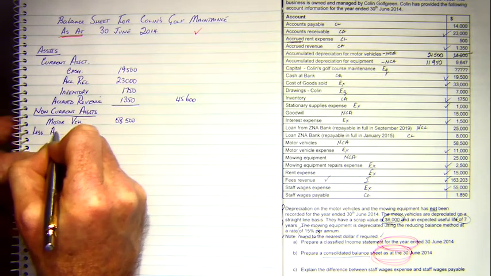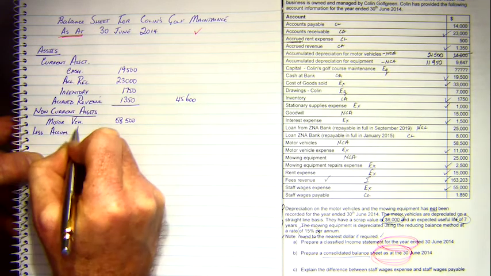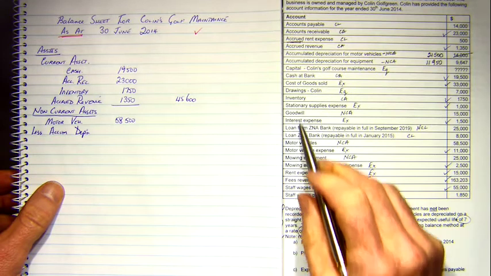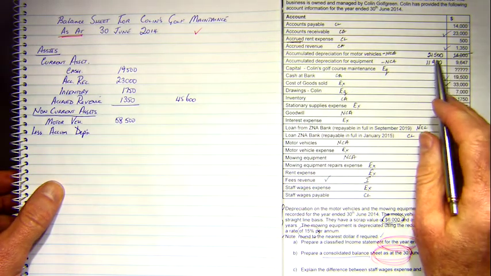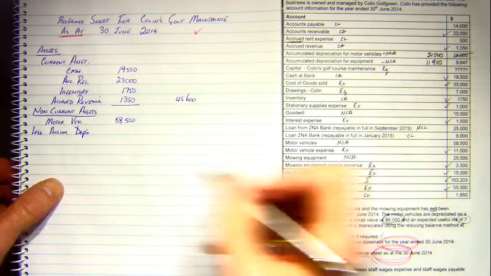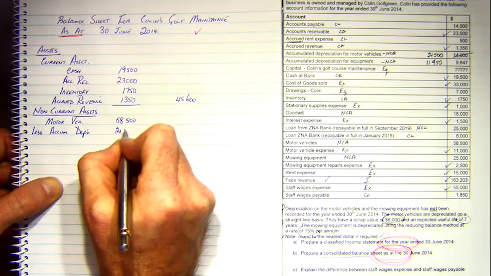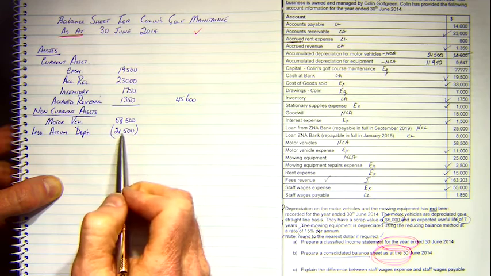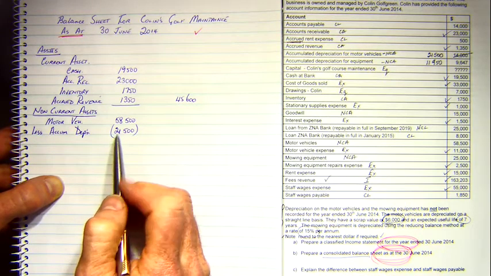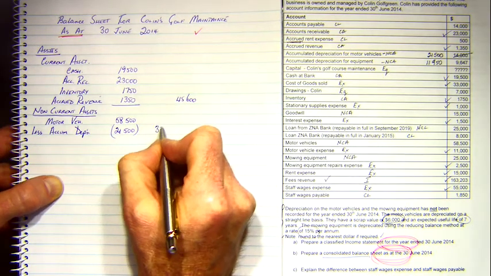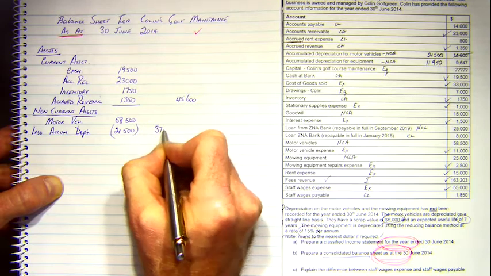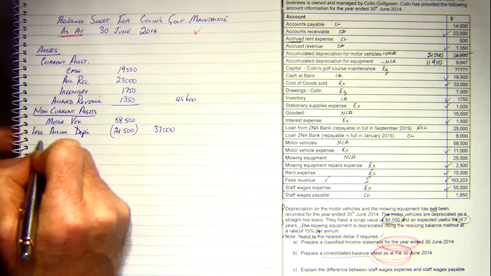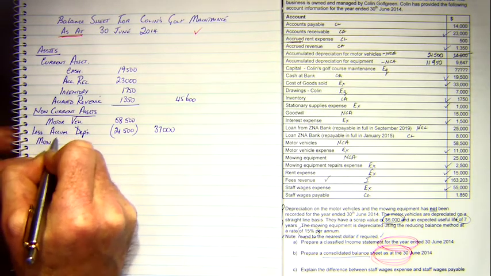Now we're going to deduct accumulated depreciation from my motor vehicles. My accumulated depreciation for my motor vehicles is 21,500. And I'm going to bracket that to indicate a reduction. So that'll give me 37,000 even.